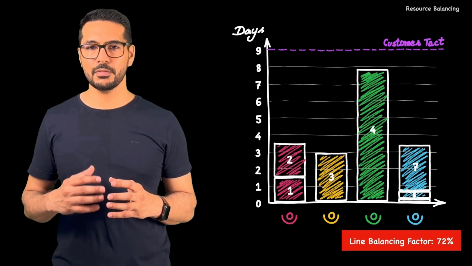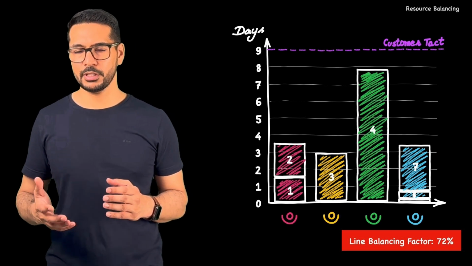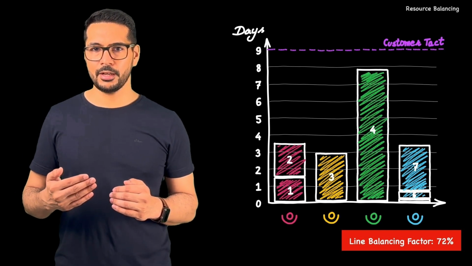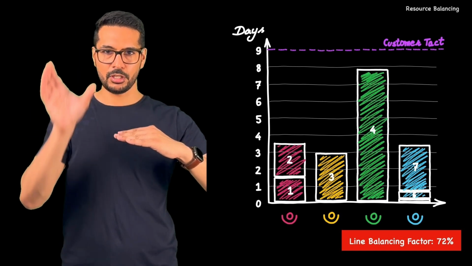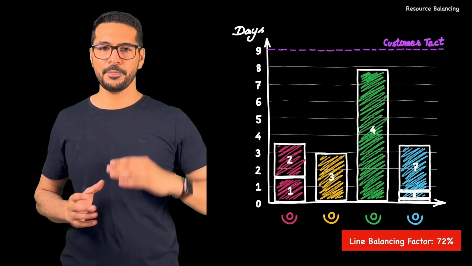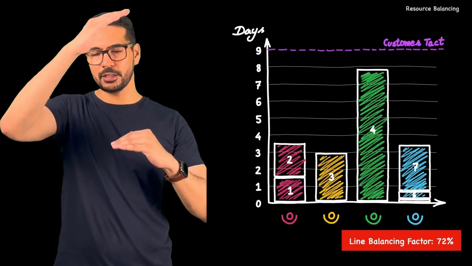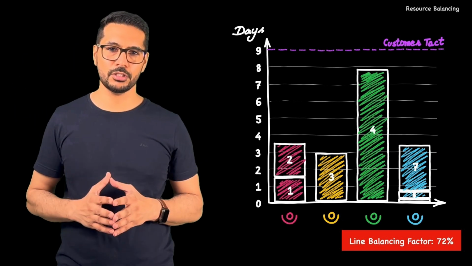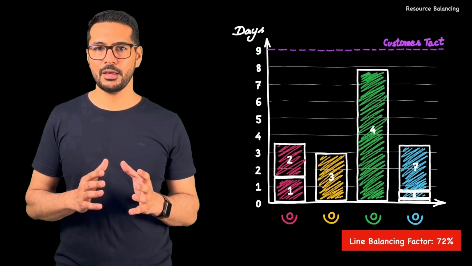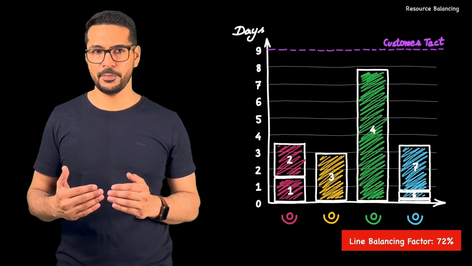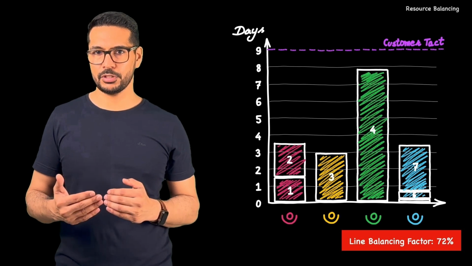The line balancing factor of 72% suggests that some of the employees are waiting because one employee is busy doing his task, and this waiting time for employees 1, 2 and 4 is the loss of productivity, and it is 28%.